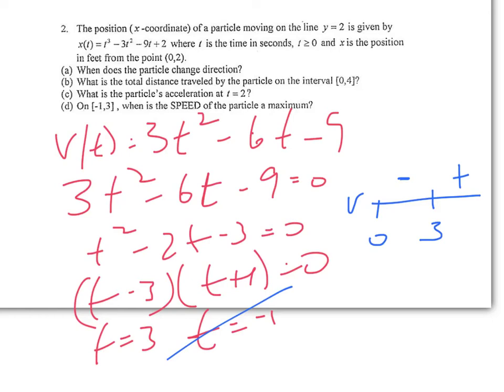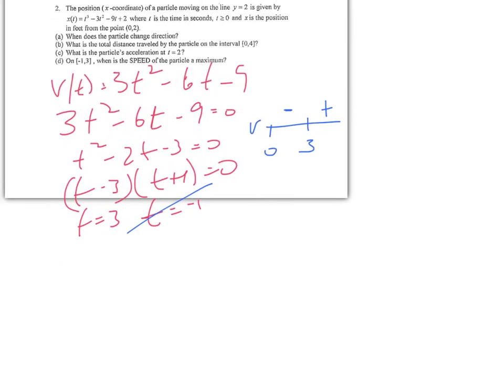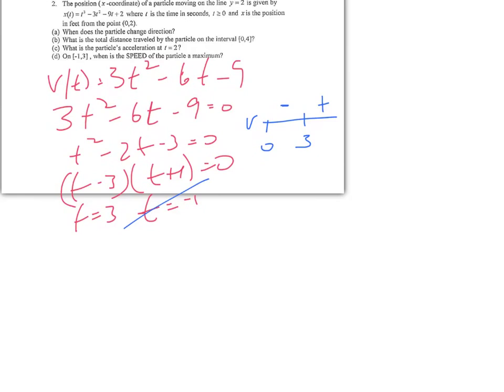What is total distance from 0 to 4? So just like before, we're going to be judging, we know the particle starts off at 0. It's going to go to 3 seconds. We're going in the wrong way. Sorry, let me erase that. I'm going to start off at 0. We're going to go this way to 3 seconds, and then come this way to 4 seconds. And so at 0, the particle has a value of 2.